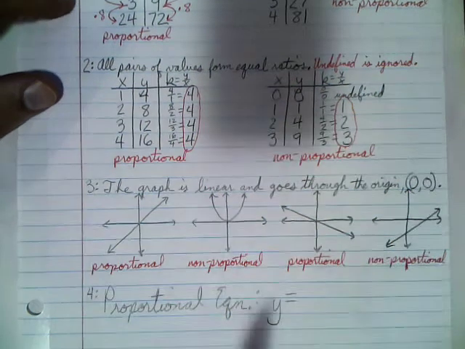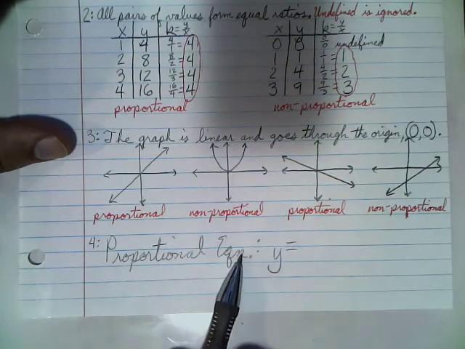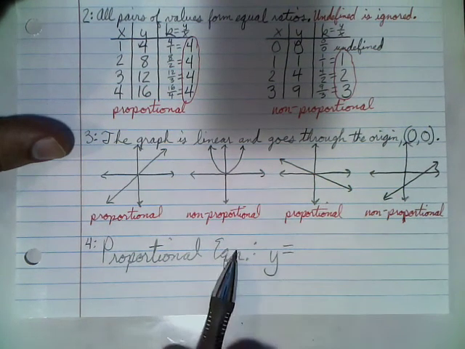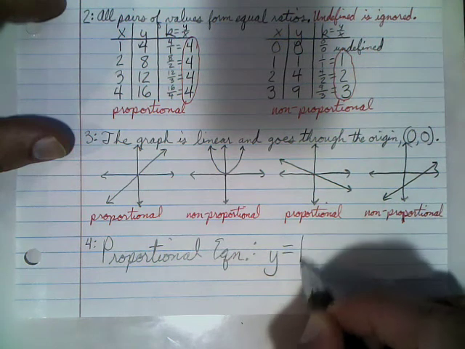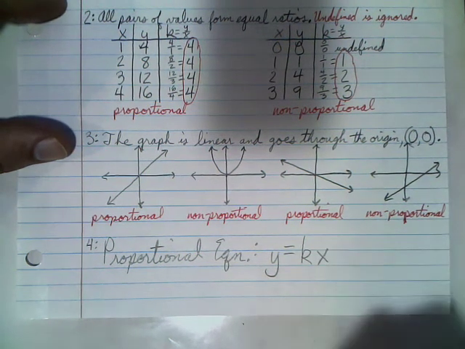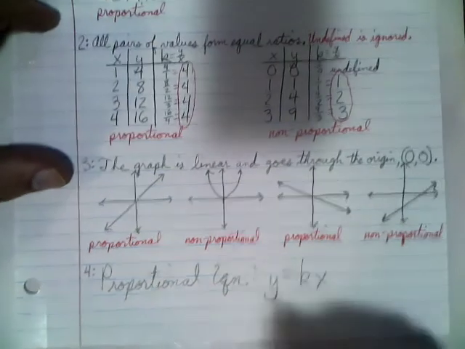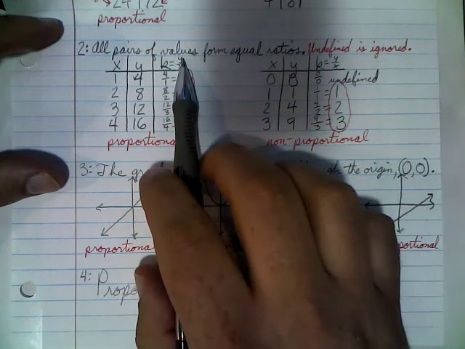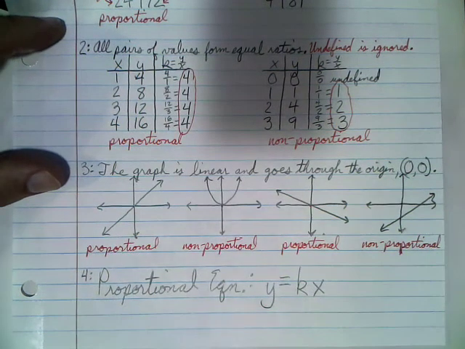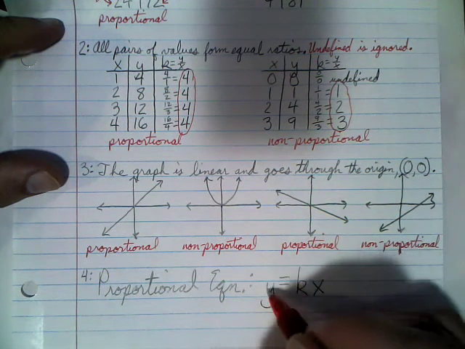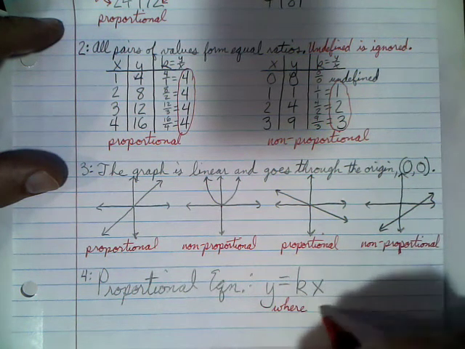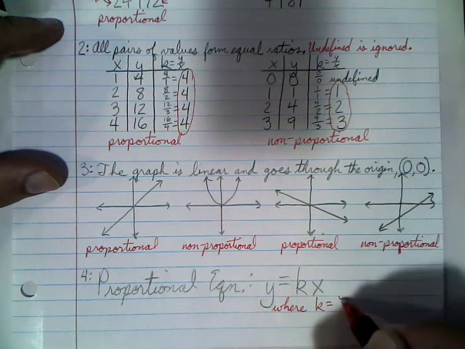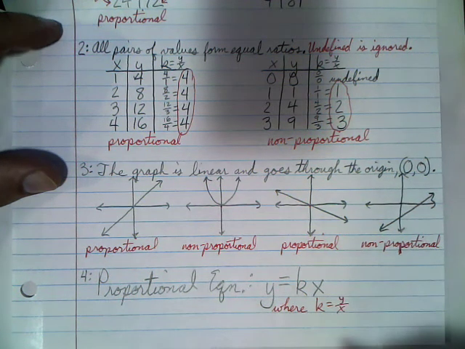And then number 4, proportional equations always have an equation of a certain form. And that certain form is y equals kx. We've actually already seen k. K is calculated by taking a y value over an x value. However, we're going to put it down here as well: k equals a y value over an x value.